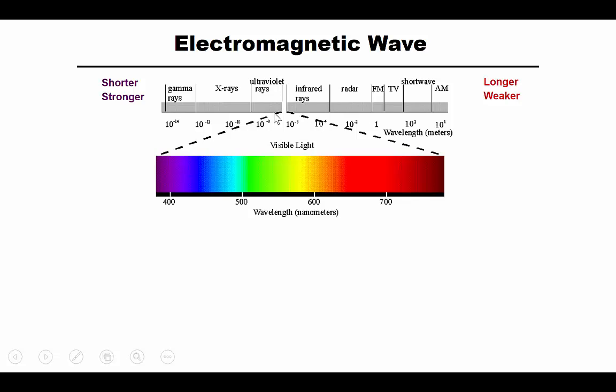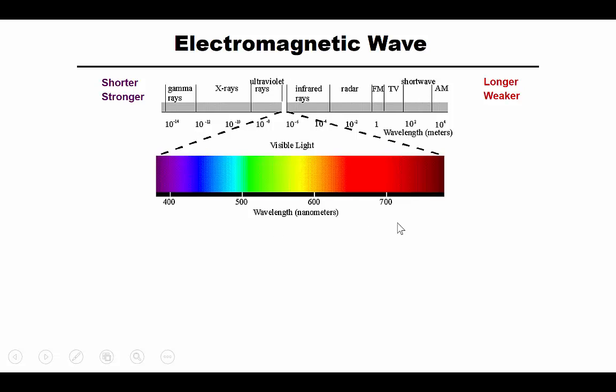Right outside of visible light, the shorter one we call ultraviolet or UV, and the longer one we call infrared. In this direction, ultraviolet gets shorter into X-ray and gamma ray. If it gets longer, from infrared IR into microwave and radio wave directions.